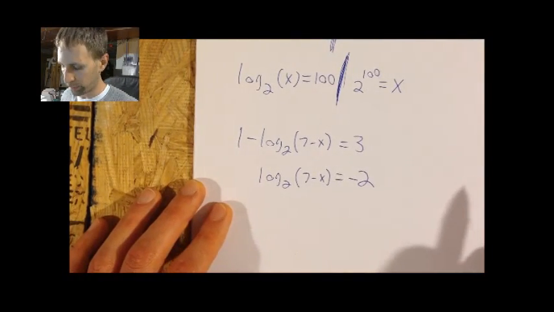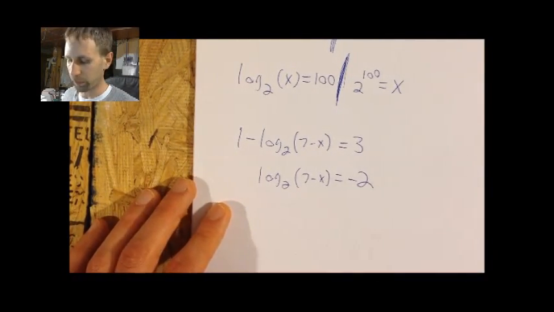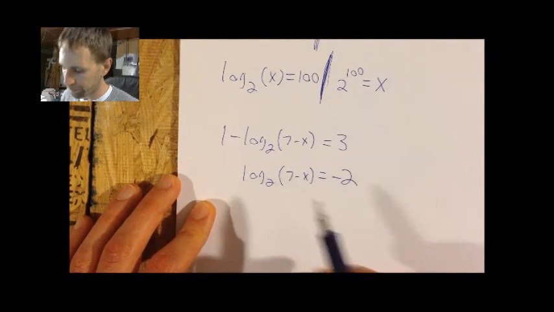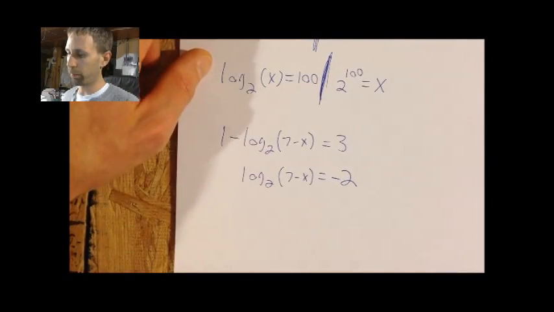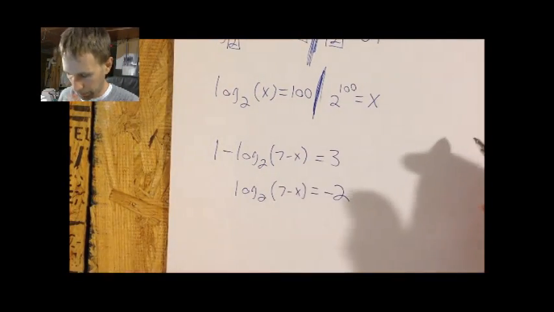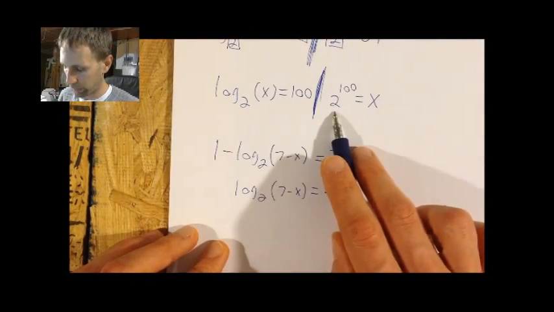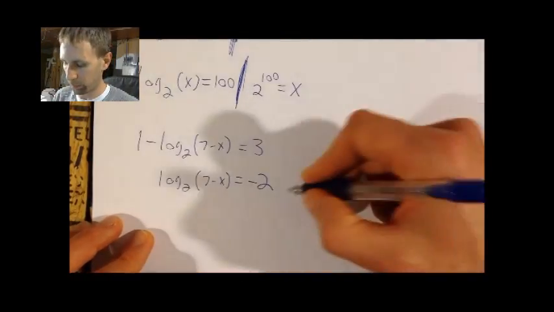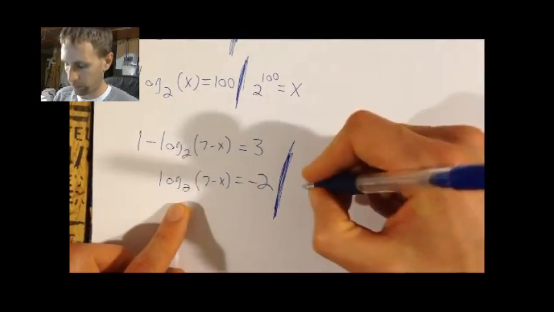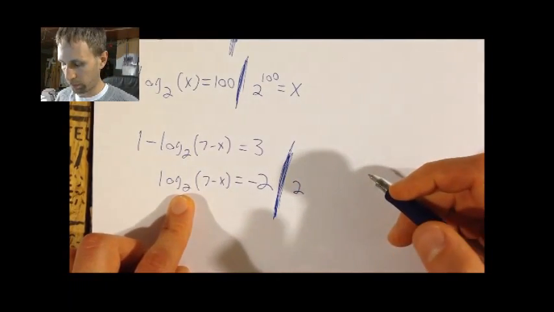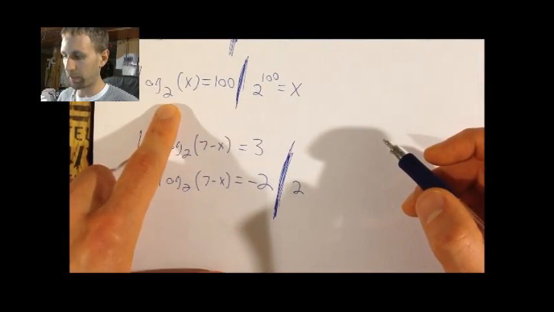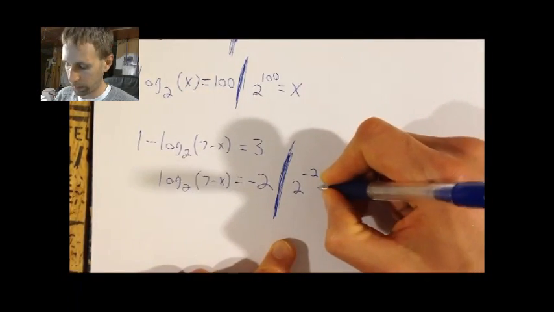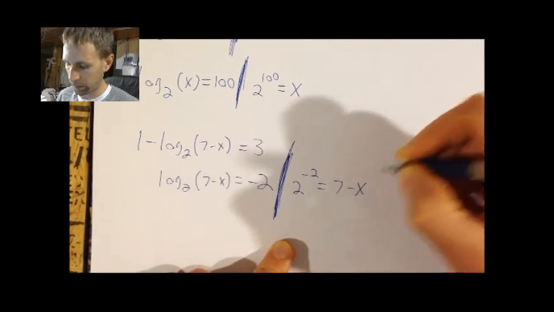So what you have to do is turn this log expression into an exponential expression, thereby getting the argument out. So you refer back to what's up top here, and you notice that the base is going to stay the same. So this is going to be equivalent to 2 to the minus 2 is going to give you 7 minus x, like that.